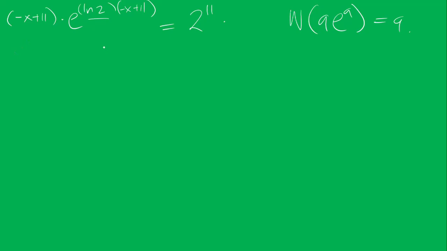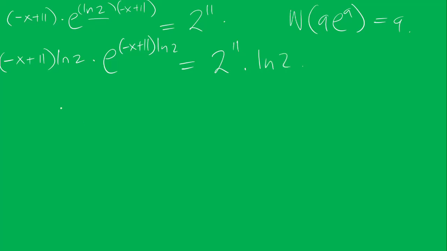If we multiply both sides by natural log 2, we now have minus x plus 11 times natural log 2, times e to the power minus x plus 11 times natural log 2, equal to 2 to the power 11 times natural log 2.